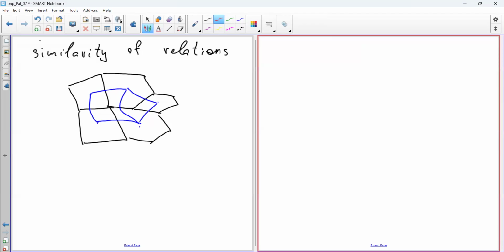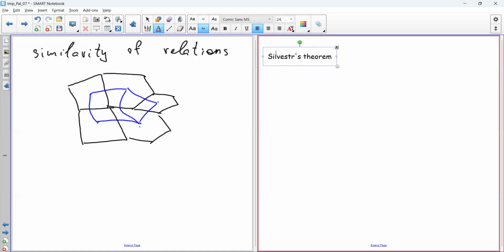It would be more training, directed training in applying this extreme element principle or bottleneck principle. One of the classical problems where it is applied would be Sylvester's theorem.